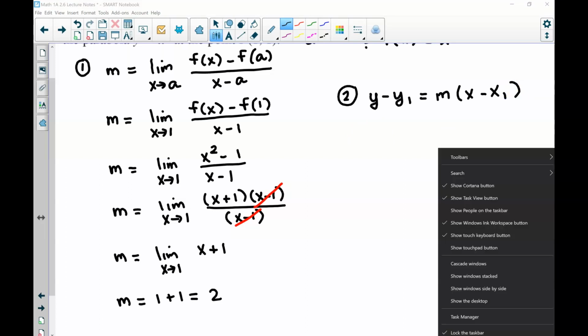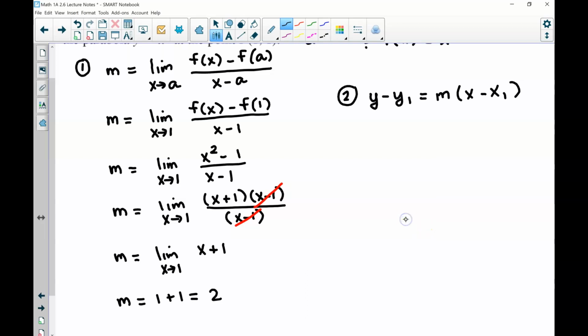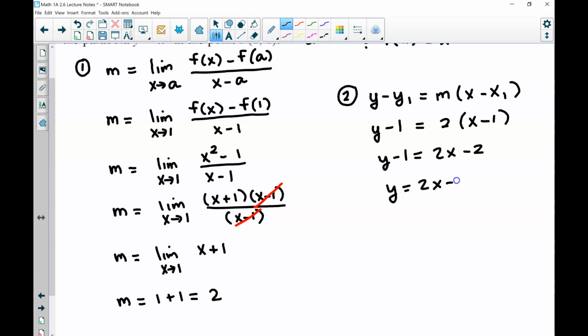So now we're going to have y minus 1, which is equal to 2 times x minus 1. And we get y minus 1 equals 2x minus 2. And then ultimately the line is y equals 2x minus 1.